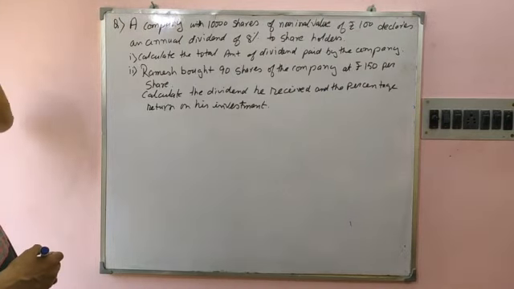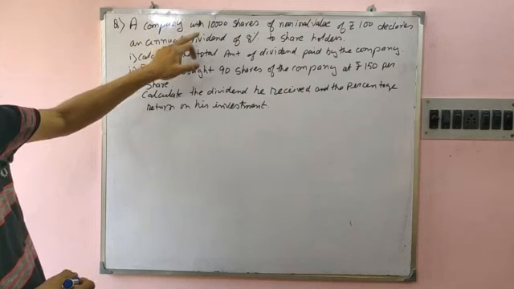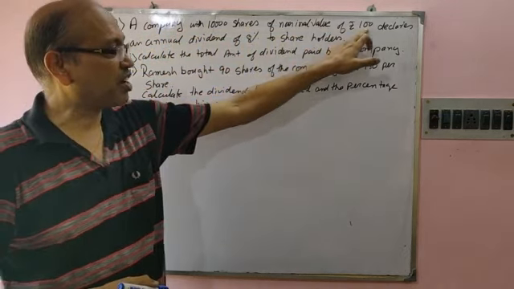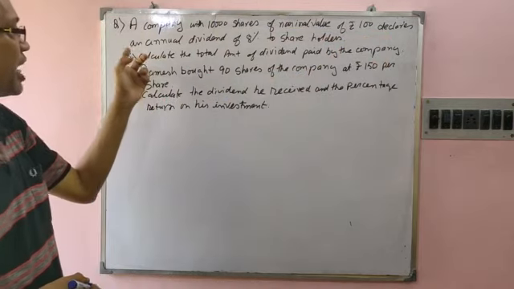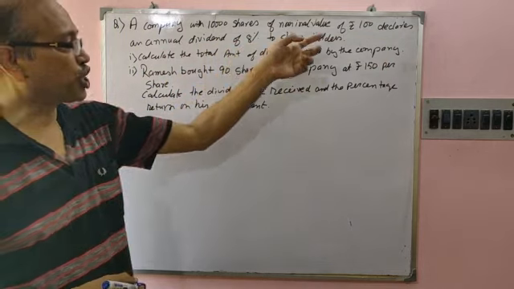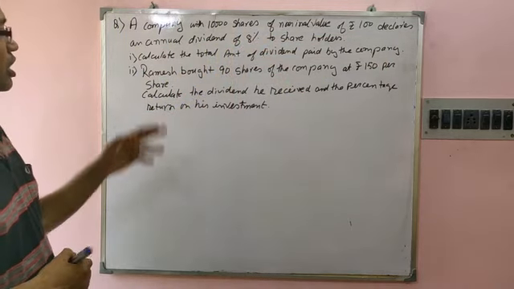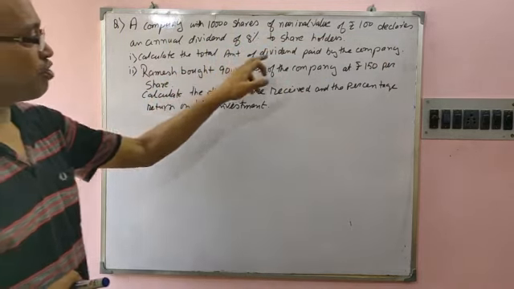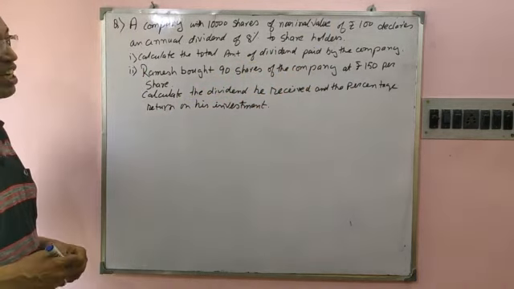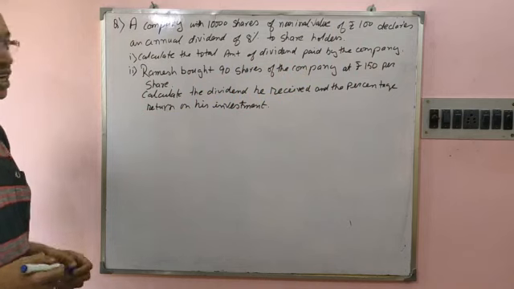Next question. A company with 10,000 shares of nominal value of ₹100 declares an annual dividend of 8% to shareholders. Calculate the total amount of dividend paid by the company. That means we have to find the total dividend by the company.